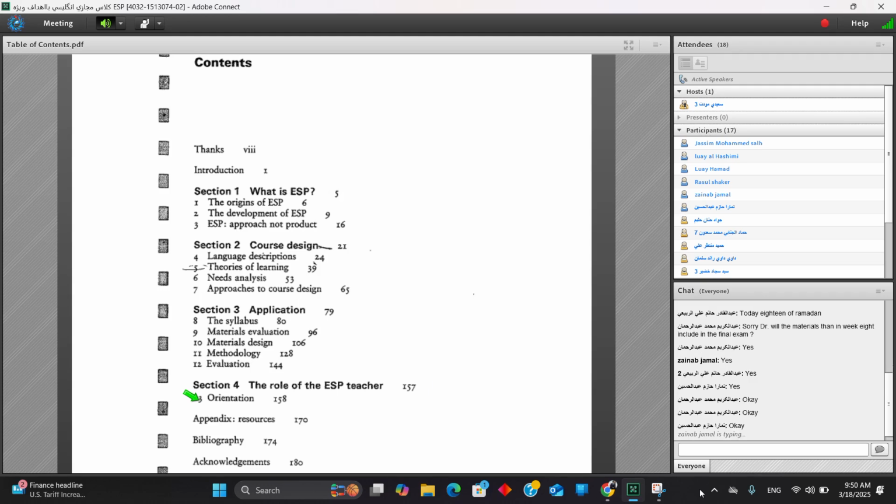Good. That's all about the book. You can download the book on LMS and study chapter 1 before I explain the historical background of ESP, to know what ESP is and what the roots of ESP are.